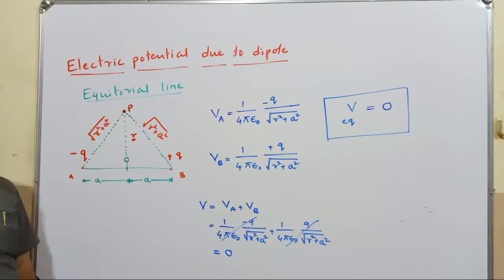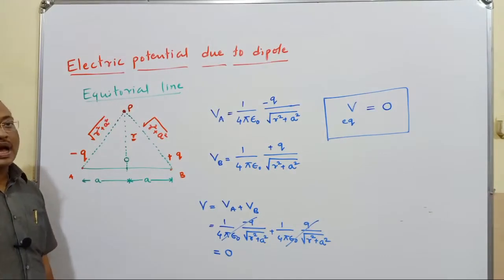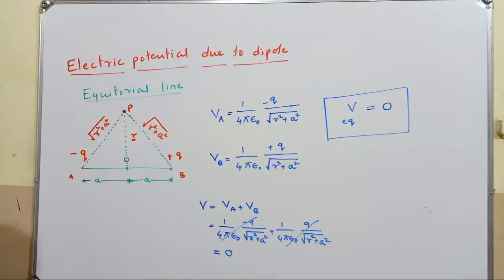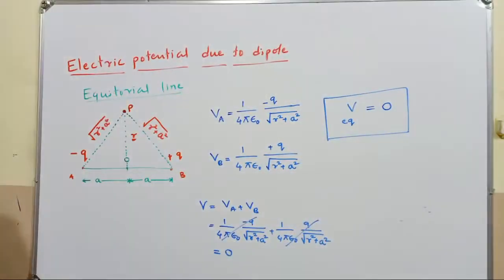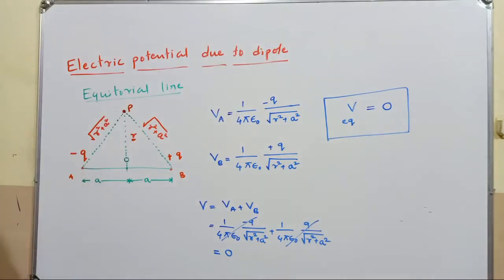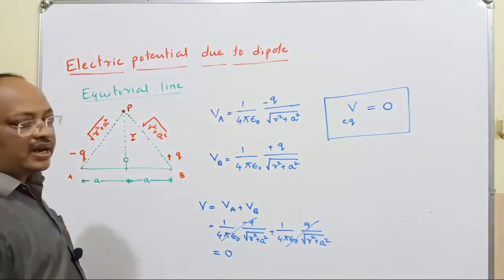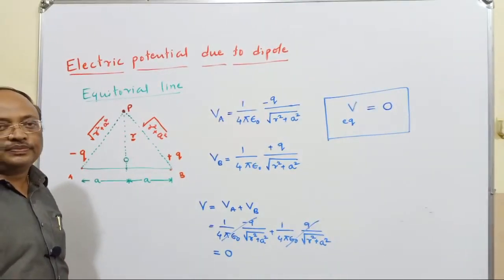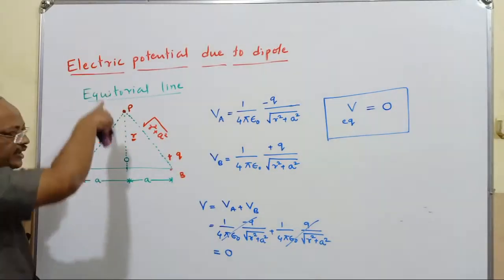So the electric potential due to a dipole on the axial line, we got as 1 by 4 pi epsilon naught p by r square, whereas on the equatorial line we got it as 0. Now, in the third case, we will see at any general point, not on the axial line or the equatorial line.